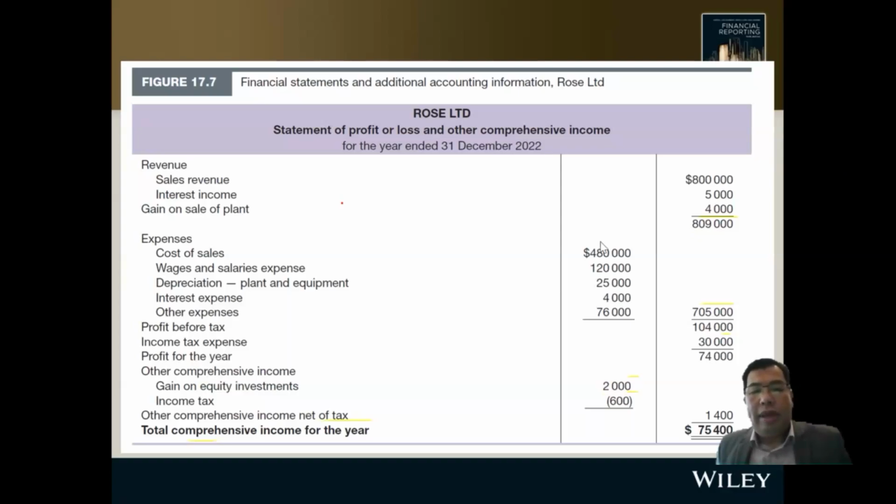Expenses charged in the profit and loss, plus increase in prepayment or minus decrease in prepayment, plus decrease in accounts payable or minus increase in accounts payable. So we are looking at the increase or decrease.